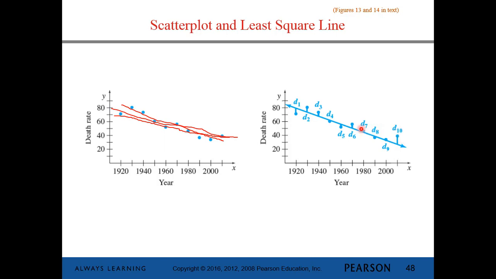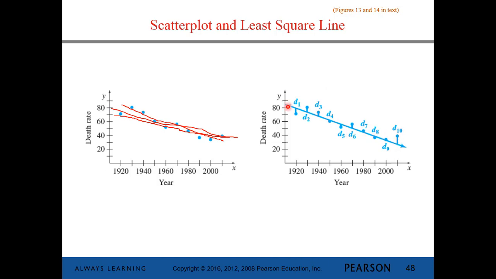This would be distance 1, or d sub 1. This would be d sub 2. We say d sub 3 because 3 is a subscript. Instead of saying d3, we can say d sub 3, or d with a subscript 3. So we've got all these distances.